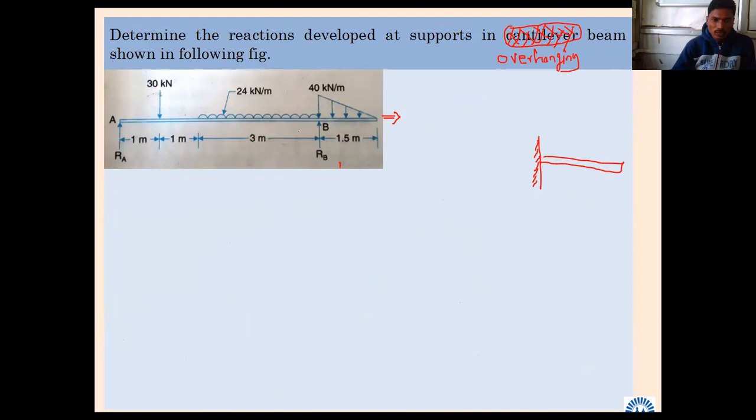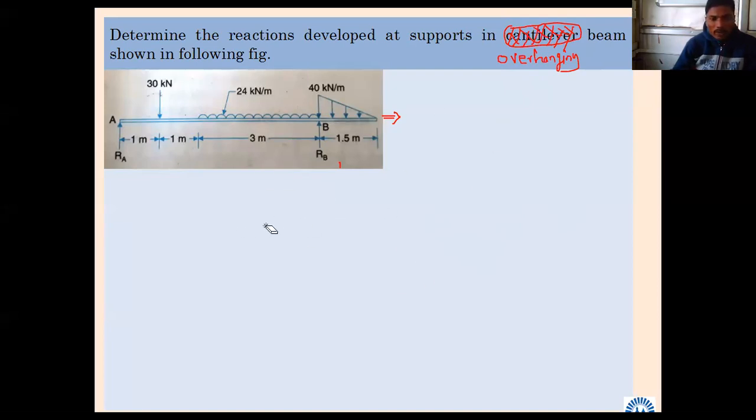We can say it is overhanging because one part is hanging. Or whichever type, it doesn't matter for calculation of reactions. It is definitely not a cantilever. Meanwhile we will say it is overhanging. I will see which are the subtypes of beam.